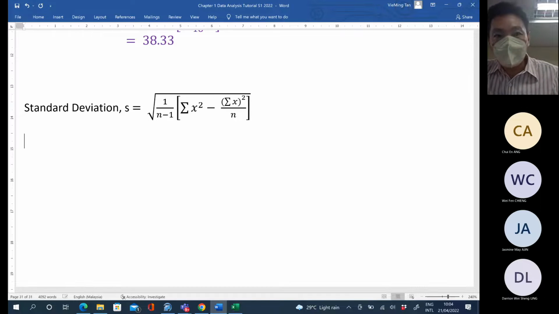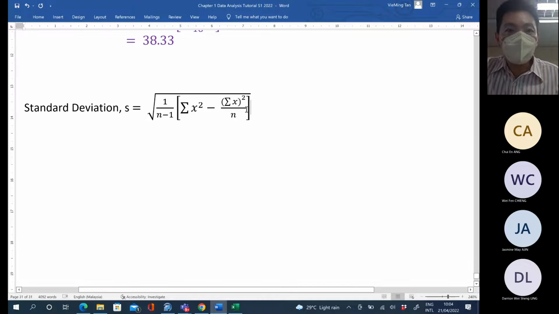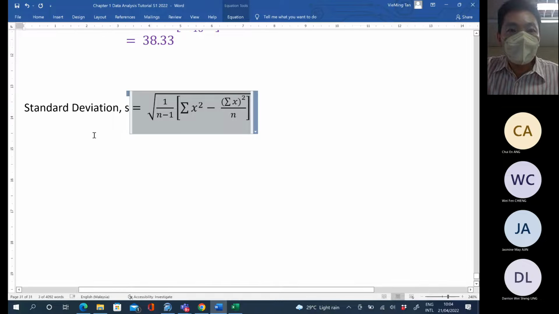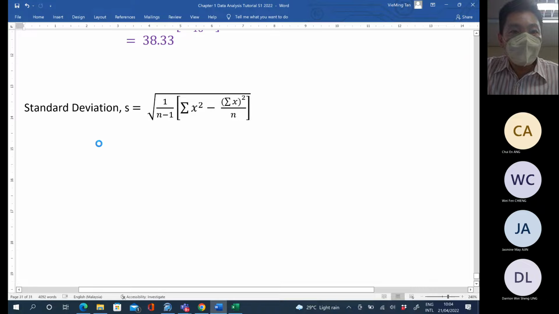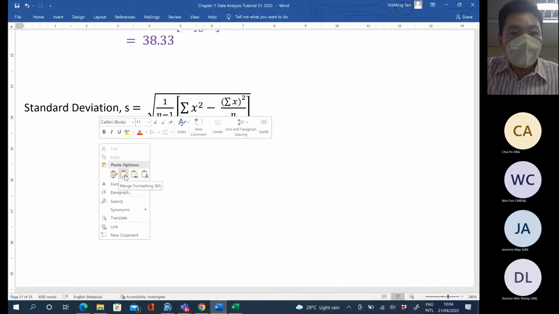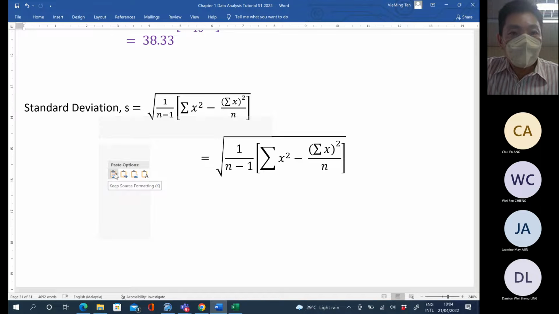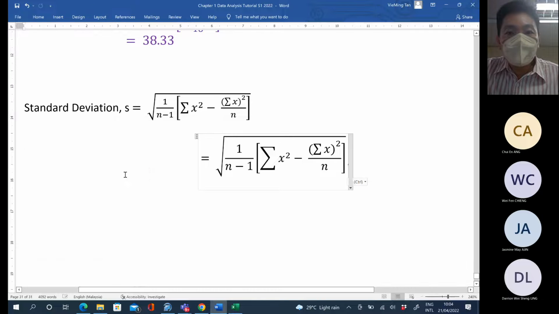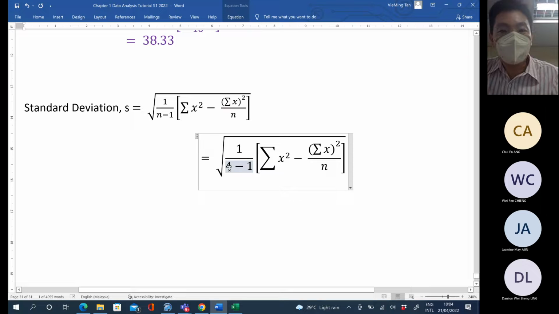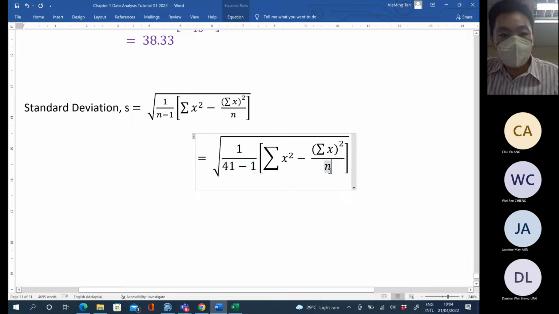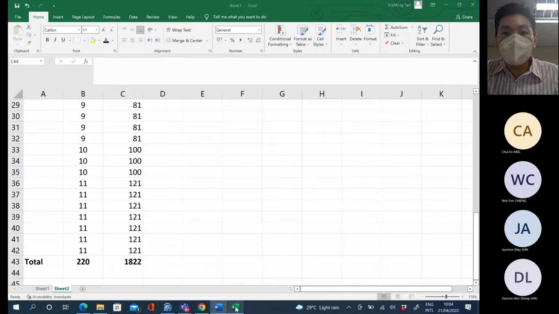Next step is to substitute the number into each variable. For this question, we have 41 data, so substitute 41. This part, total x squared, just now when we used Excel, we already have the answer, 1822.